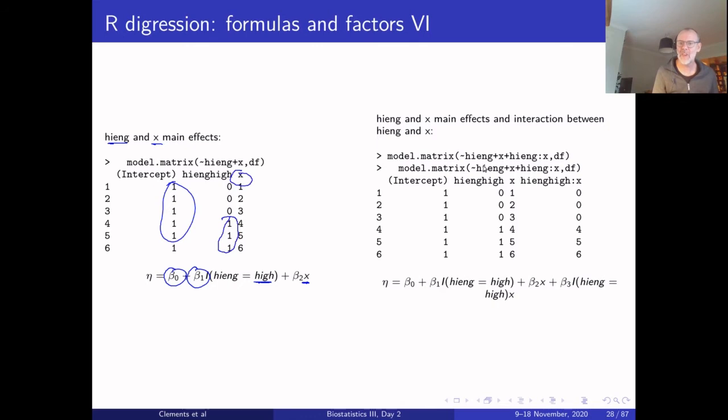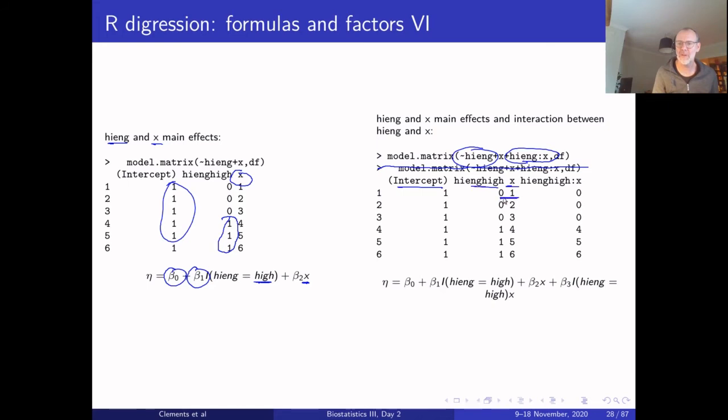Then we have the main effect for high energy plus an interaction. Between those, we get an intercept term, a main effect for high energy, a main effect for x, and then an interaction.